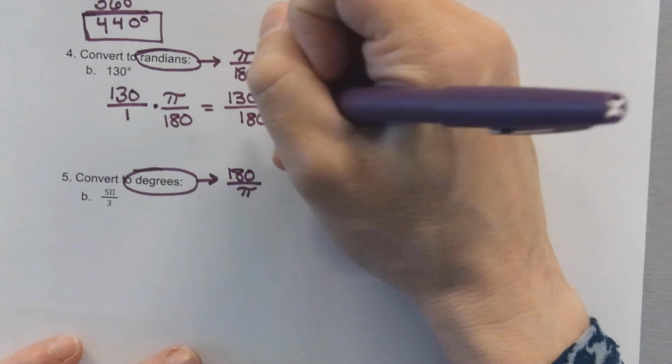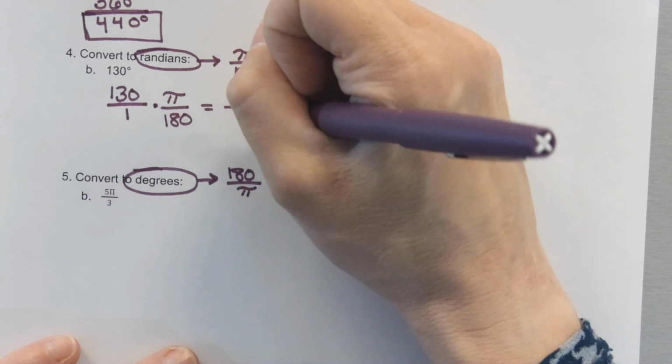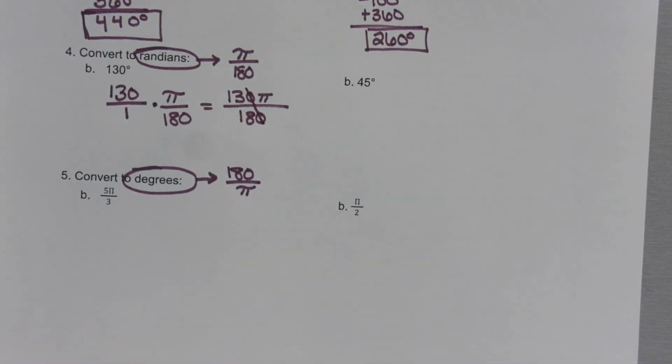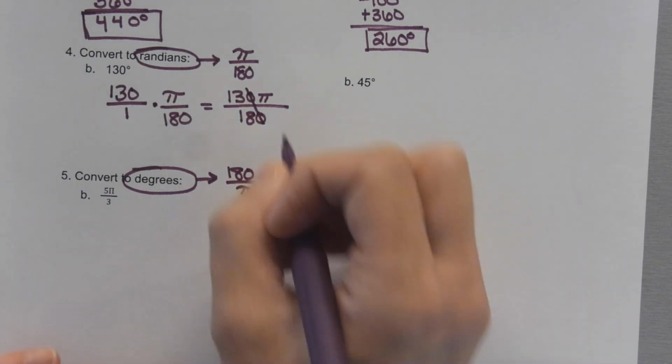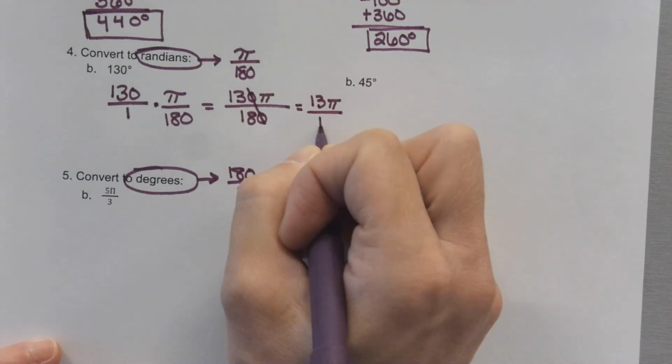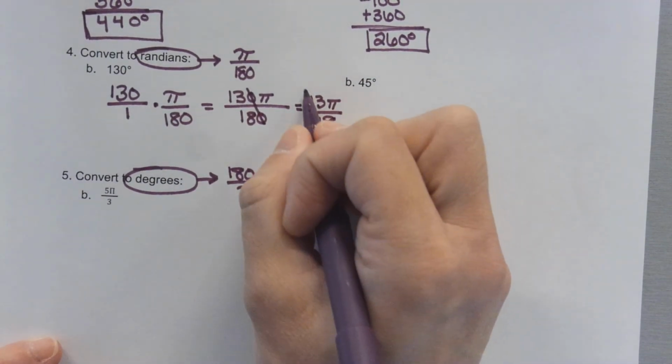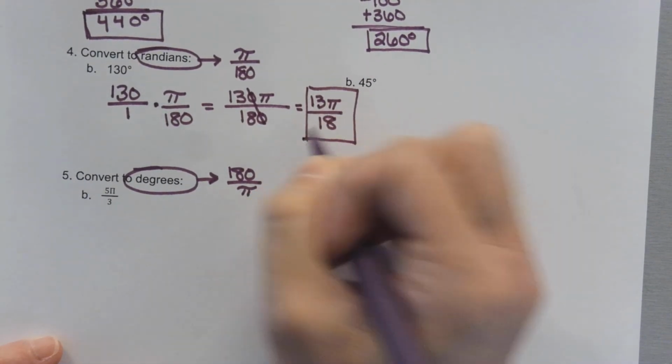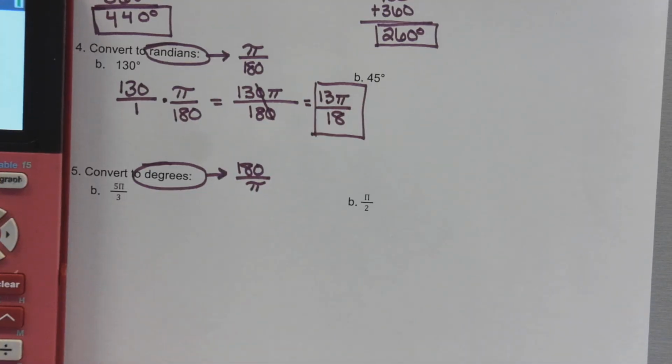And then from here, I can cut off the zeros because that's dividing by 10. Is there anything that divides into both 13 and 18? No. So that'd actually be my final answer: 13 pi over 18.